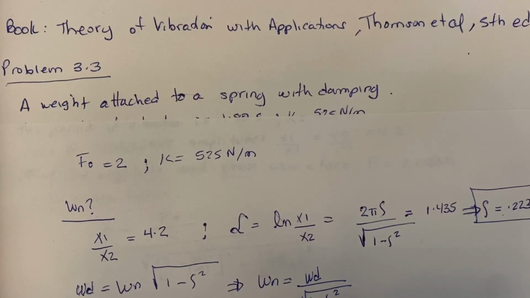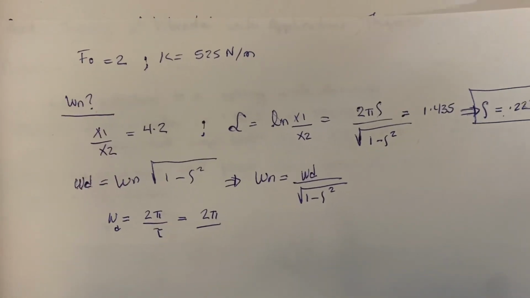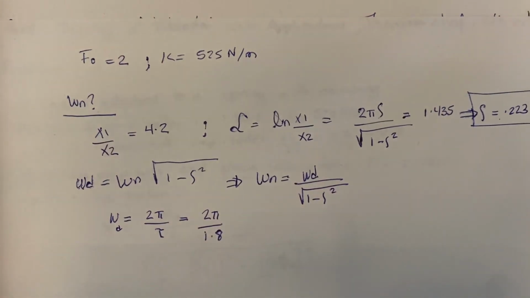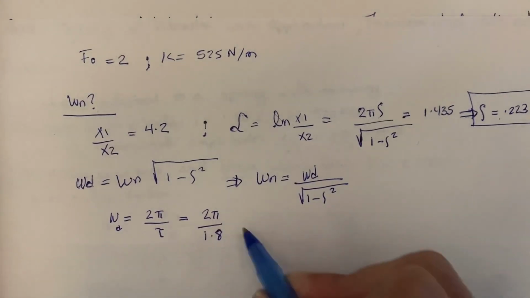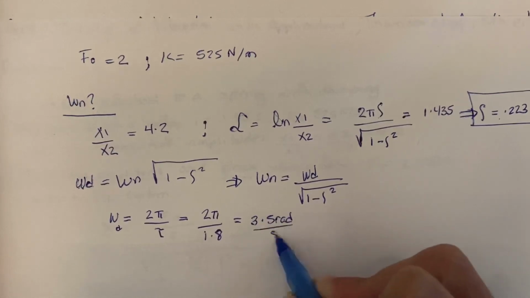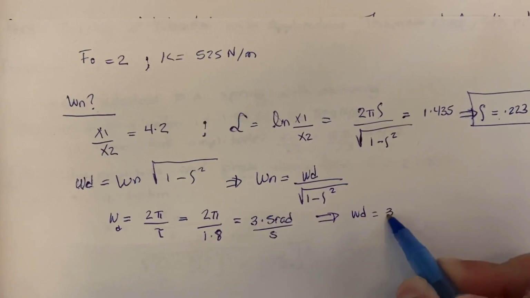So, 2 pi over 1.8 seconds gives me the damped frequency in radians per second. Therefore, the damped frequency ωd is equal to 3.5 radians per second.